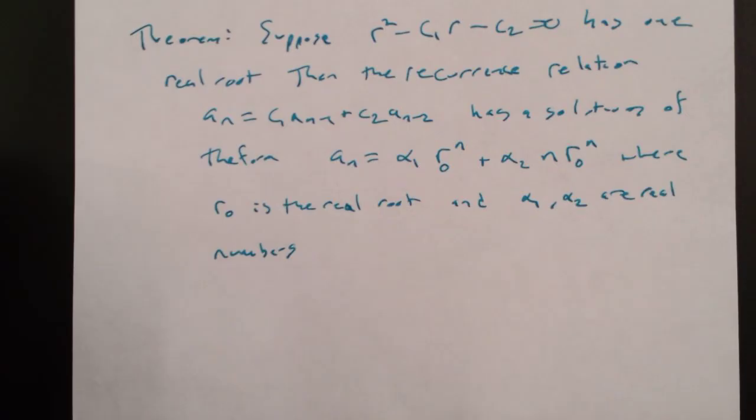But if I don't have two real roots, and I don't have one real root, then I have complex number roots. It is possible to actually do this same idea with complex numbers. That is beyond the scope of this course.